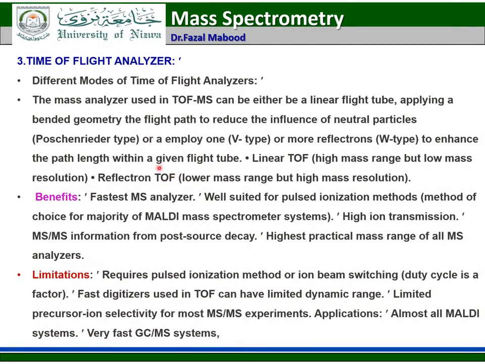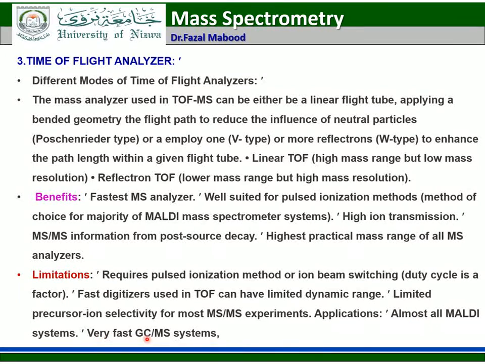Benefits: fastest MS analyzer, well suited for pulsed ionization methods. Limitation: requires pulsed ionization methods or ion beam switching. The fast digitizer used in time of flight can have limited dynamic range, and limited precursor ion selectivity for most MS experiments. Application: almost all MALDI systems, very fast GC-MS systems.